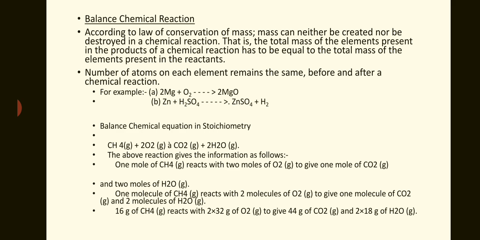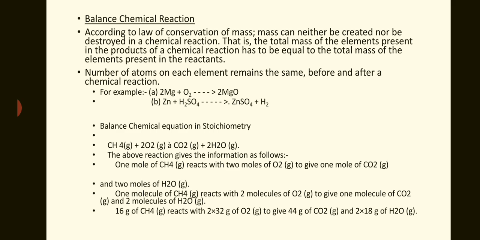Similarly, the atomic mass of the oxygen atom is 16, so O2 will be 32, that means the mass of 2 atoms of oxygen will be 32. But in this reaction 2 molecules of oxygen gas are used, so this becomes 2 into 32, means 64 gram. To give 44 gram of CO2 and 2 into 18 gram of H2O.